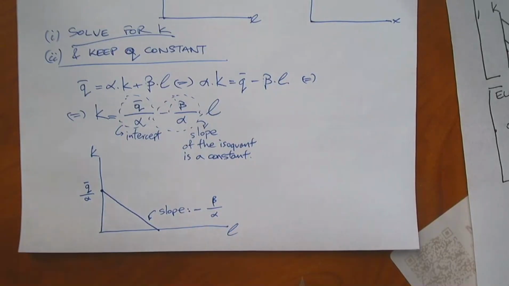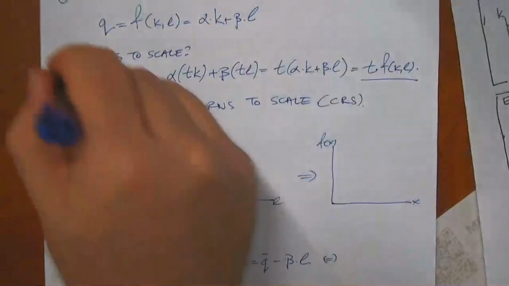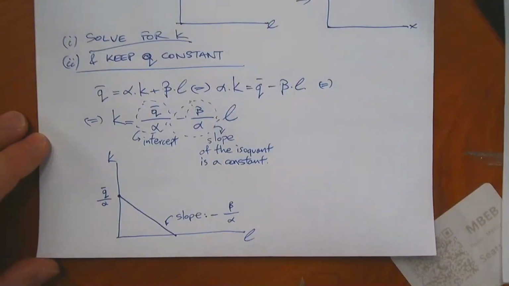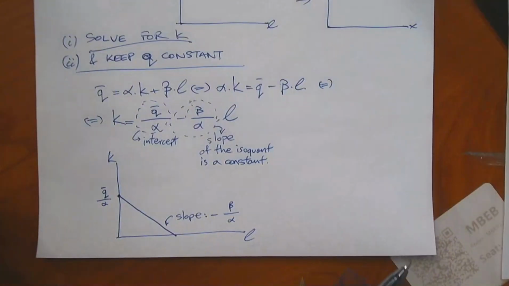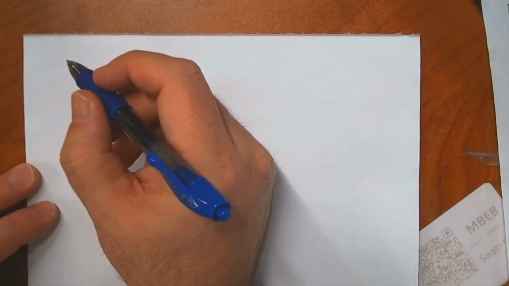Which brings us, okay, so we did returns to scale, to the question of what is the elasticity of substitution for this function? That's what we're going to do next. You should already have an understanding from reading your chapter of how the elasticity of substitution works.